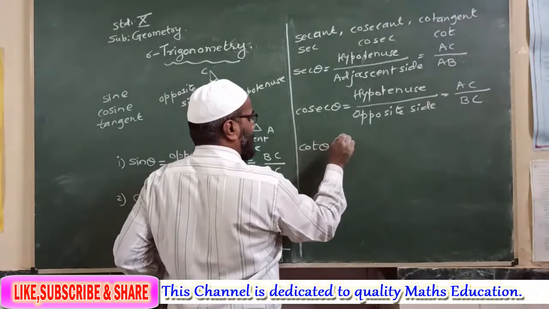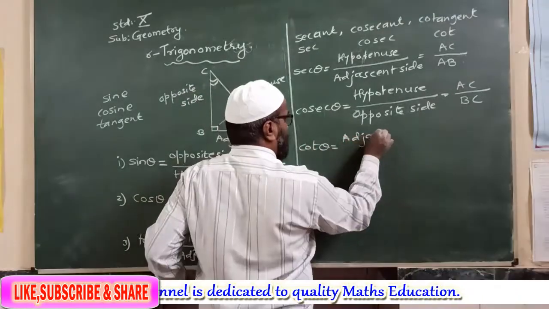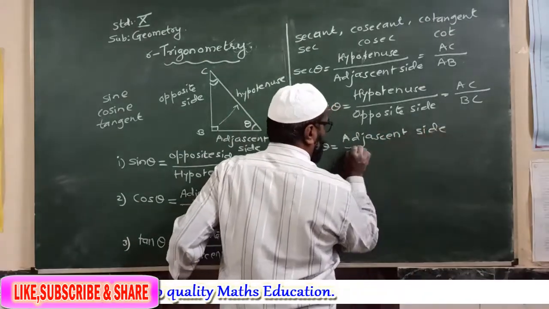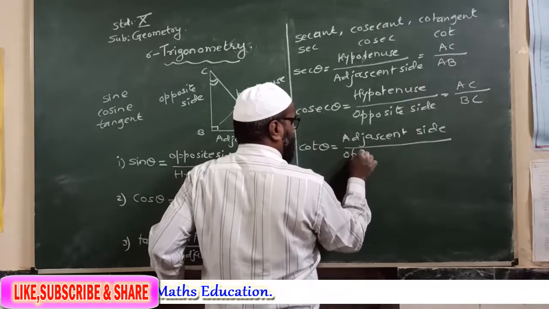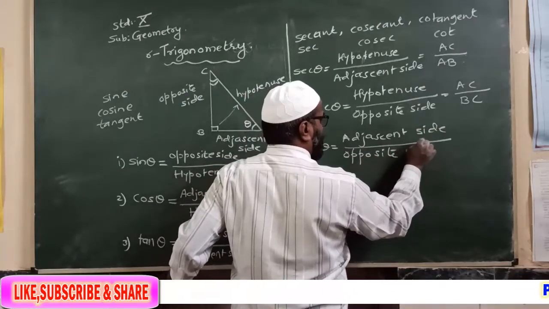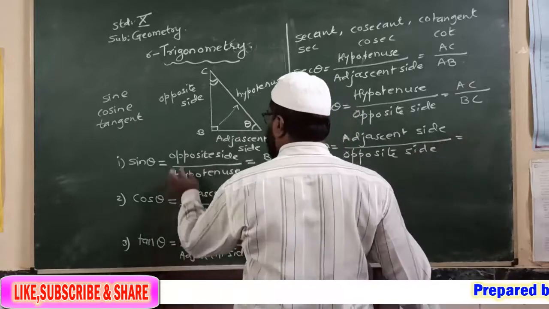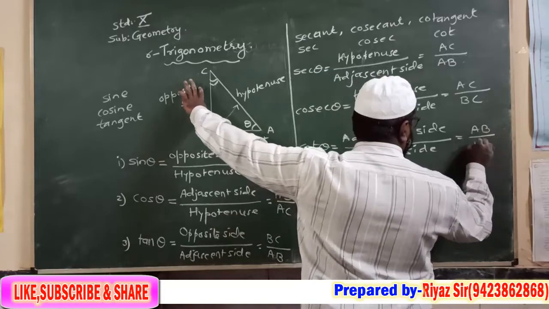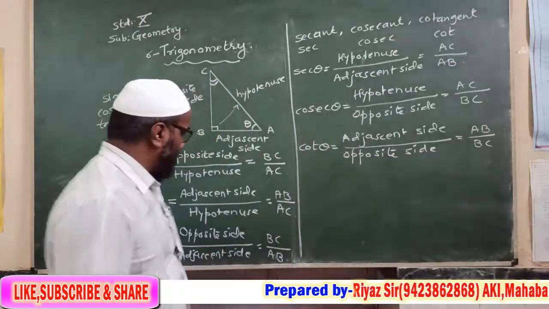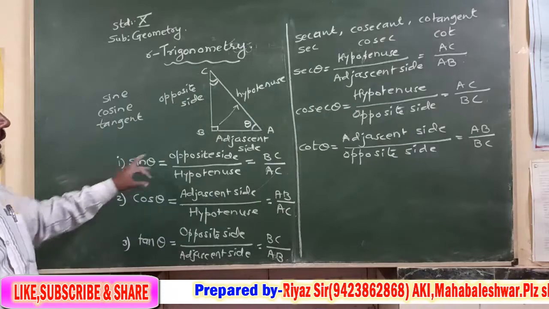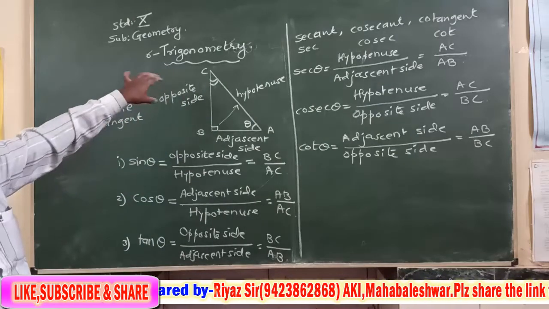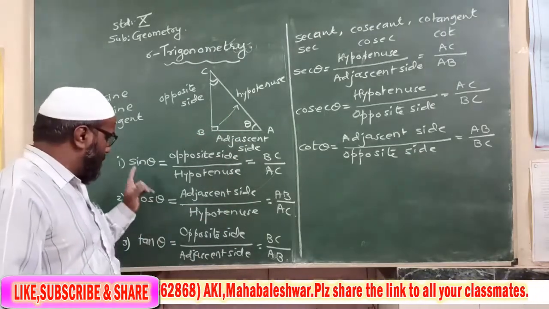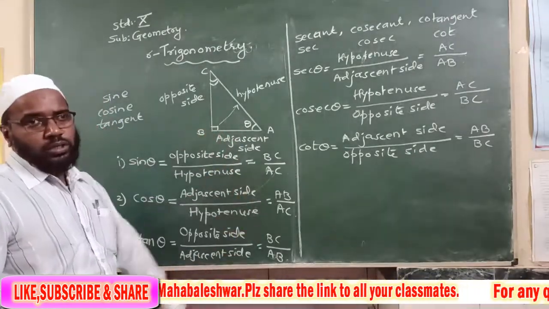Cot theta is equal to adjacent side upon opposite side, that is AB upon BC. So these are the 6 ratios we have to study in this lesson on trigonometry. Remember these definitions of sin, cos, tan, sec, cosec, cot.